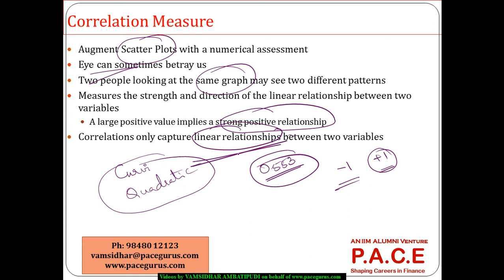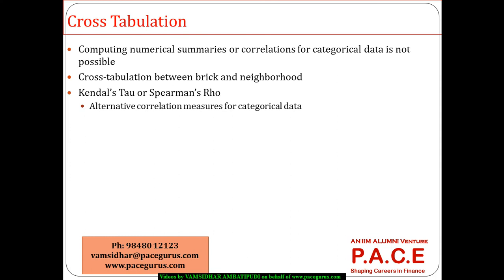It only tries to capture the linear relationship, but wherever the linear relationship exists, this is a very powerful tool. So that's one more thing we may have to do, especially with the numerical scale variables. It's very essential that I try to measure the relationship between the variables.